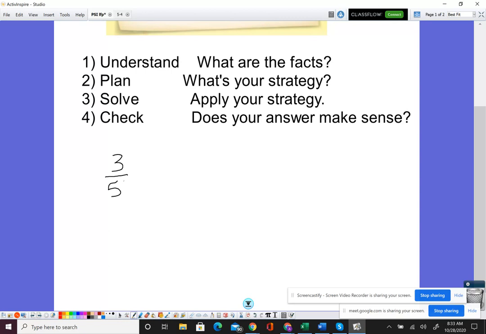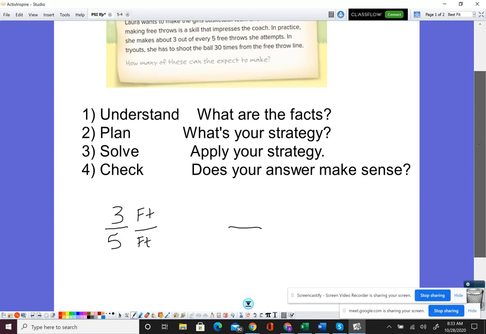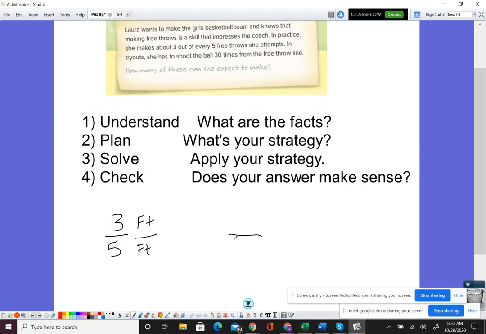So we know that she makes 3 free throws out of 5. And the other information that we know is that she needs to shoot how many? 30. She needs to shoot 30.